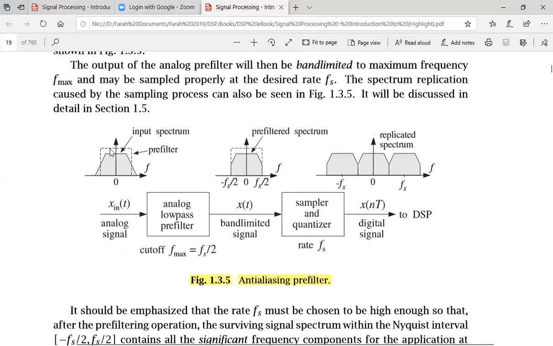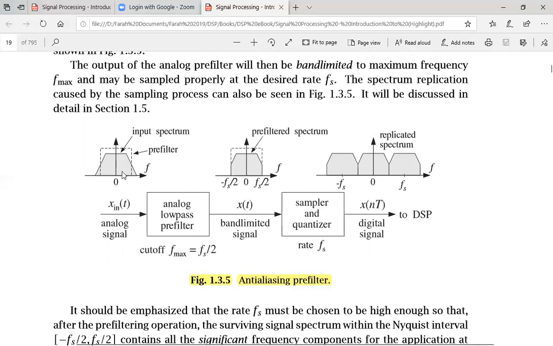But in this picture, we have assumed that your input spectrum is a continuous spectrum. It has a band of frequencies in it, and that's why the whole band would be replicated.